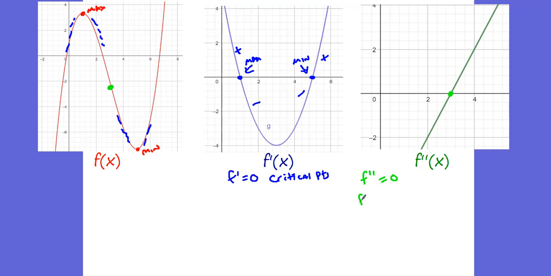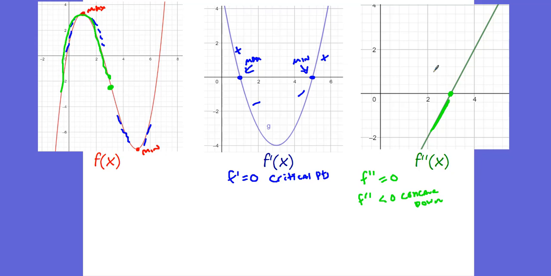Well, if the second derivative is less than 0, what that means is my original graph was concave down. You can see if my values are in the negative, that means my graph is showing a concave down structure. And remember, concave down is kind of like that sad face, that negative acceleration that we've talked about in physics, if you watched my physics videos.